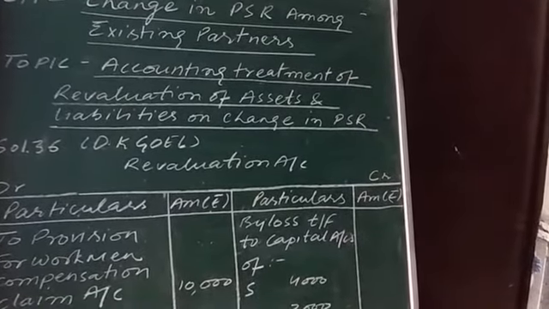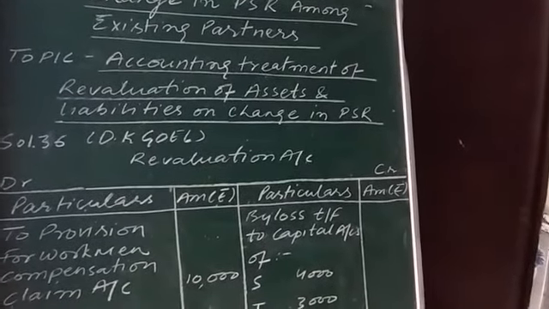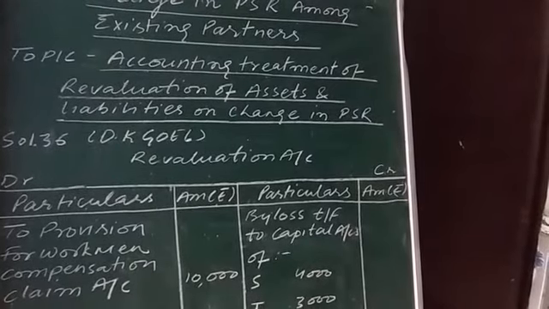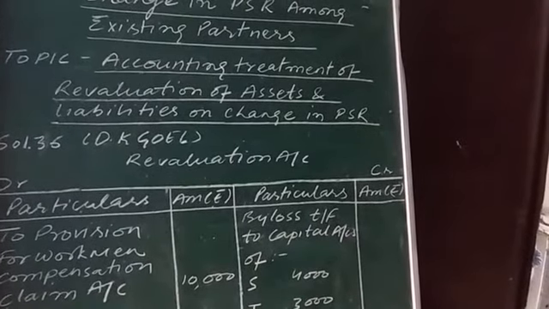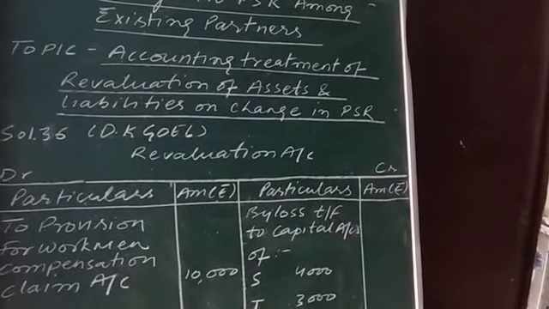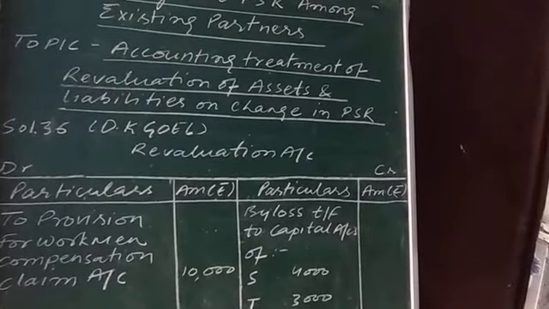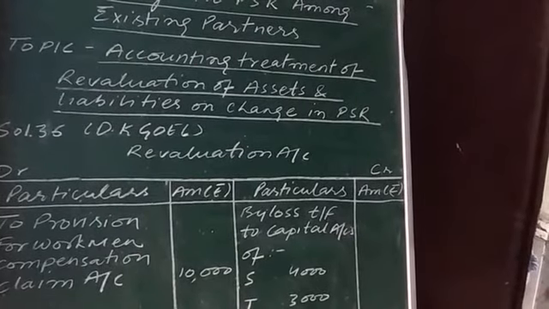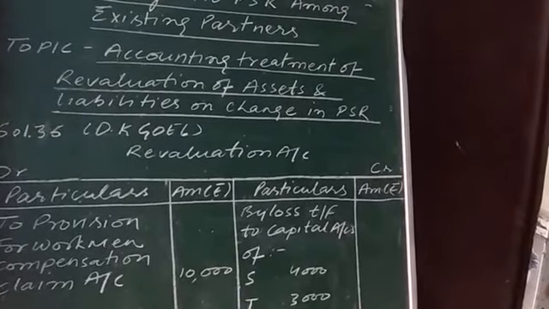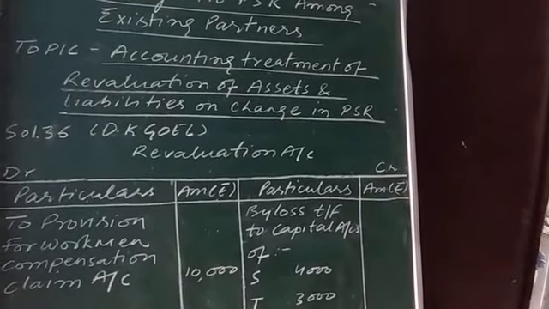If the increase in liability is shown on the debit side, then decrease in assets will also be shown on the debit side, because liabilities and assets are opposite of each other. Decrease in liabilities will be shown on the credit side, and increase in asset will be shown on the credit side.